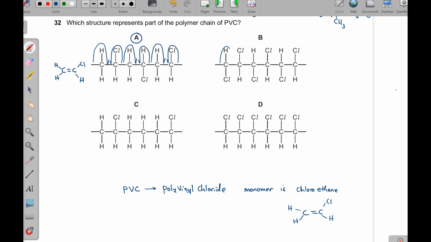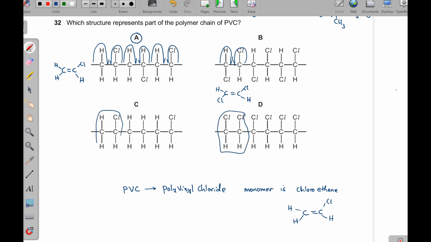For this one, if you do this and then this one here, you are going to get carbon, hydrogen, then chlorine here, a double bond, then chlorine. This one is dichloro, so that automatically disqualifies it. Even this one, we can see a dichloro.